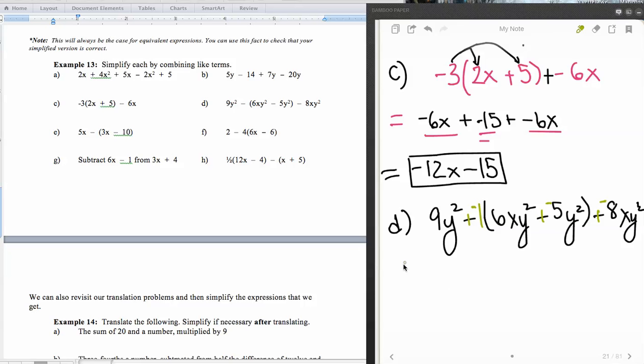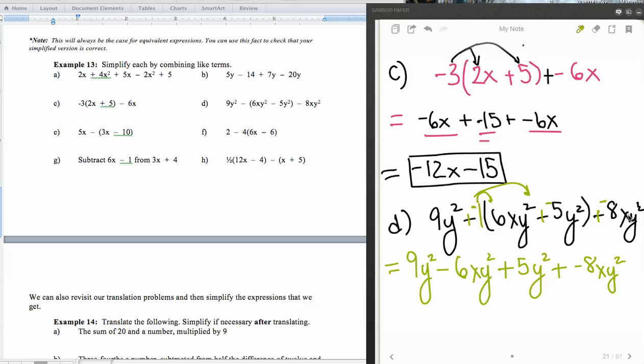All right, now once we have that, we can see that we have to do a distributive property here and here. So now we're going to simplify this down to 9y squared minus 6xy squared. Negative times a negative is a positive, 5y squared, and then plus negative 8xy squared.